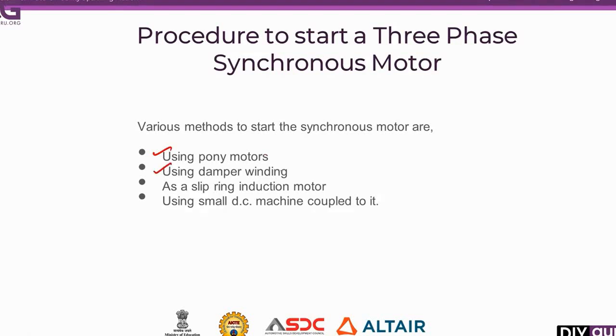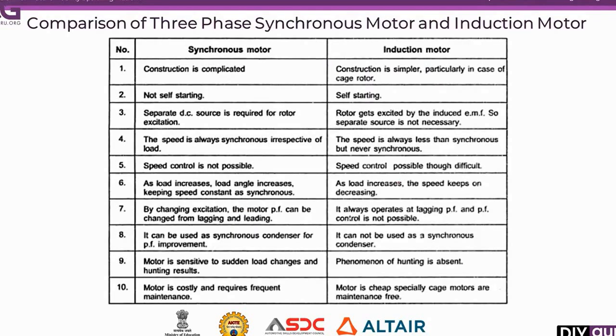Along with the actual winding of the rotor, you will have the damper winding. You can also use a slip ring induction motor to start the synchronous motor. Then you can use a small DC machine which can be coupled to the actual shaft of the synchronous motor. These are the four ways that you can start a three-phase synchronous motor.